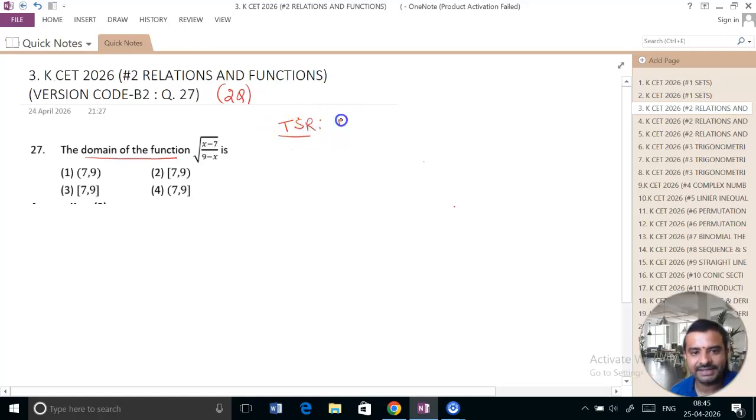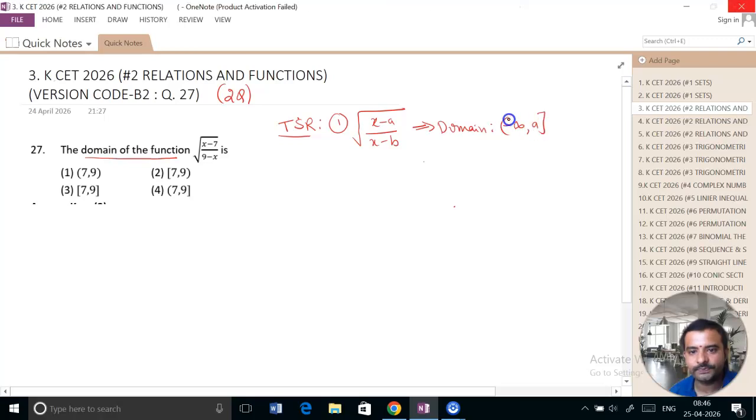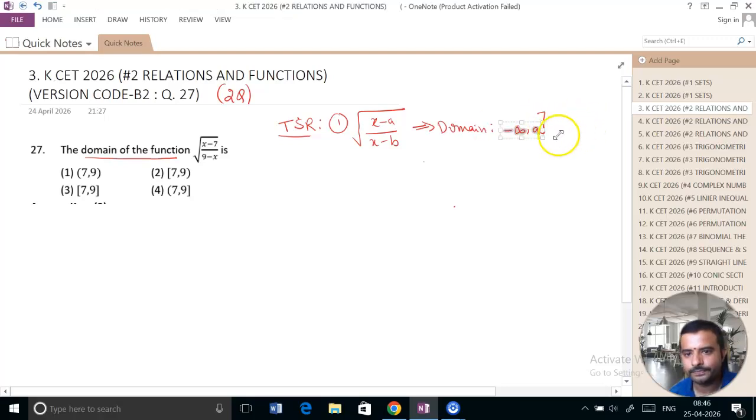The first time saving result is, see, whenever you have an equation under the square root, x minus a divided by x minus b, the domain of this function is minus infinity to a closed, union open b comma infinity, because b is in the denominator, so the denominator should not be equal to 0.